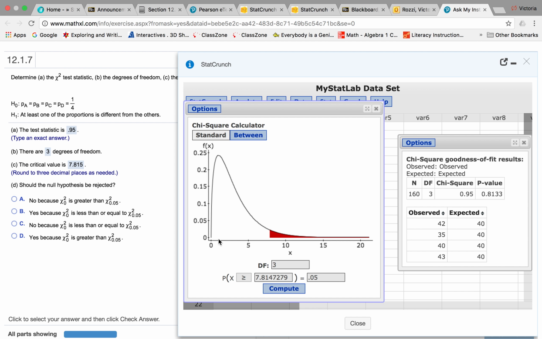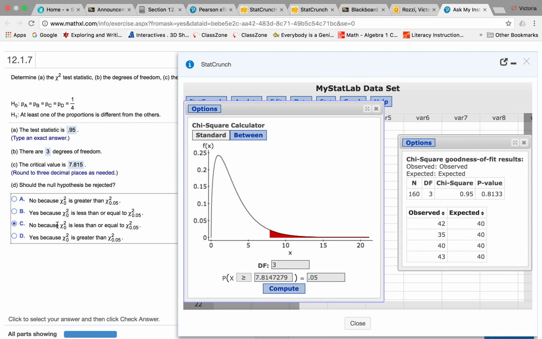So if I were going to base my rejection off of that, I would choose one of the no's, so that's either A or C. And the reason is that chi-square not, that little sub-zero, is less than our chi-square of 0.05. So that would be my answer there.